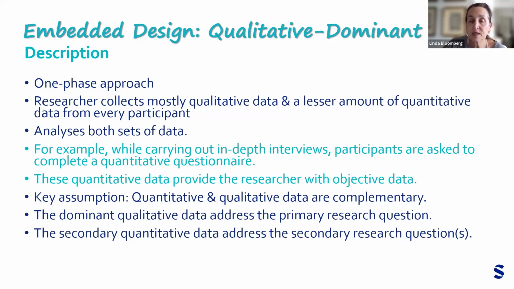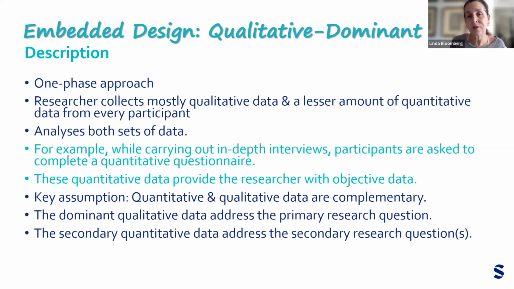The researcher collects mostly qualitative data and a smaller amount of quantitative data from every participant and analyzes both sets of data. For example, while carrying out in-depth interviews, which is qualitative, participants are also asked to complete a quantitative questionnaire. And these quantitative data provide the researcher with some objective data, whereas the interviews are more subjective data.